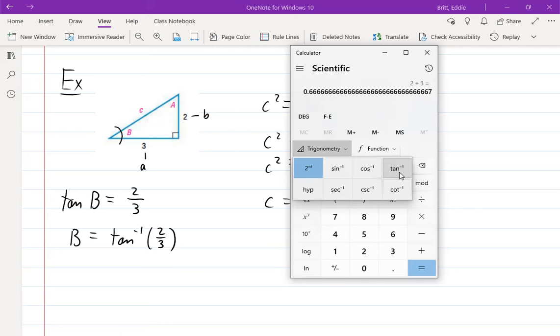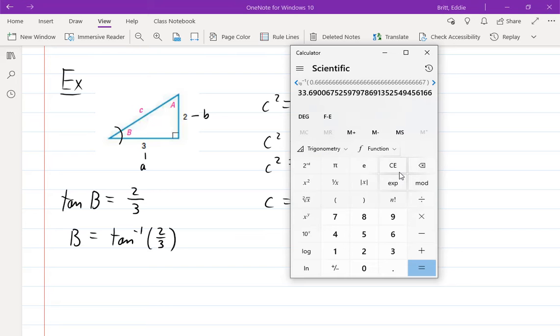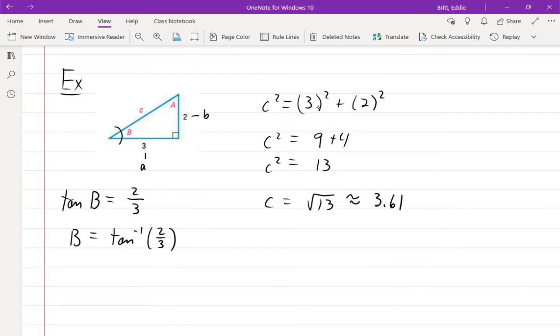So if I do inverse tangent, and I have this in degree mode, which I do, it'll tell me how many degrees angle B is. So if I round that to one place, that would be 33.7 degrees. So angle B is about 33.7 degrees.